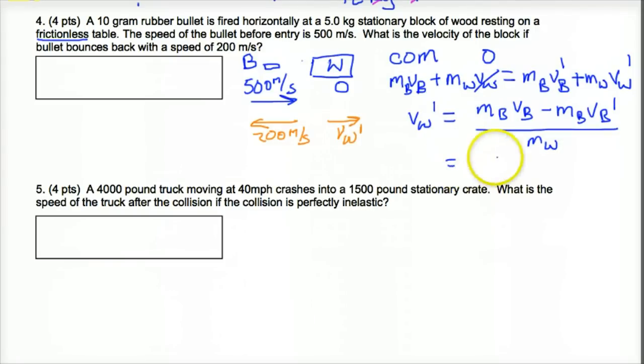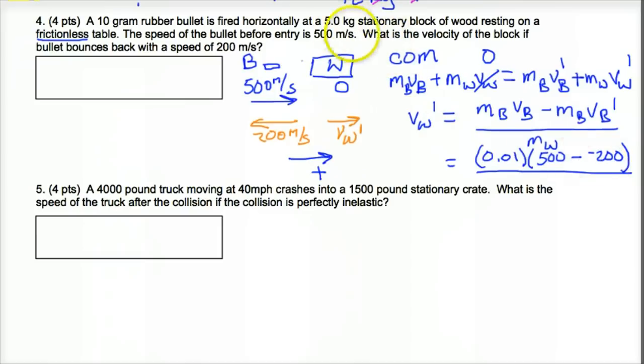Okay, plug in some numbers. 0.01 kilograms is the mass of the bullet, and we factor that out. Okay, velocity of the bullet before is 500. The velocity of the bullet after is minus 200. We're using this direction as positive. Okay, over the mass of the wood, 5.